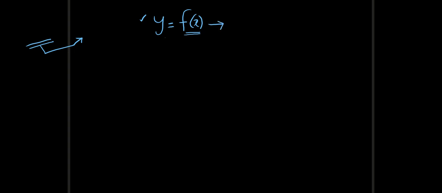Functions can be converted into graph. Let's take an example. Let's take that x square again. So we have a function, the squaring function. And let's say I'm going to input all the possible real numbers. I can input 5, I can input 10, I can input 25, I can input whatever I wish.